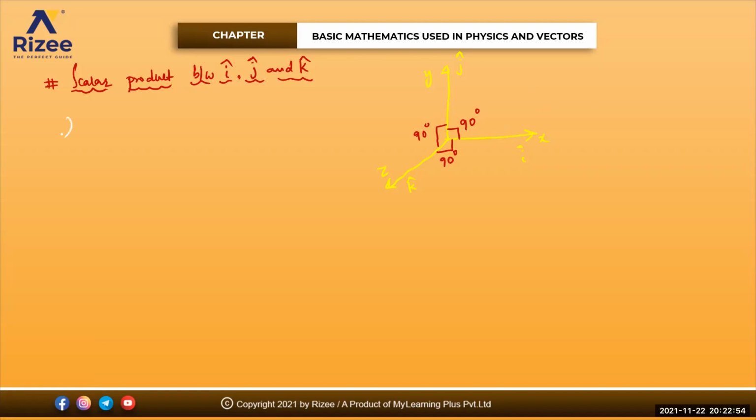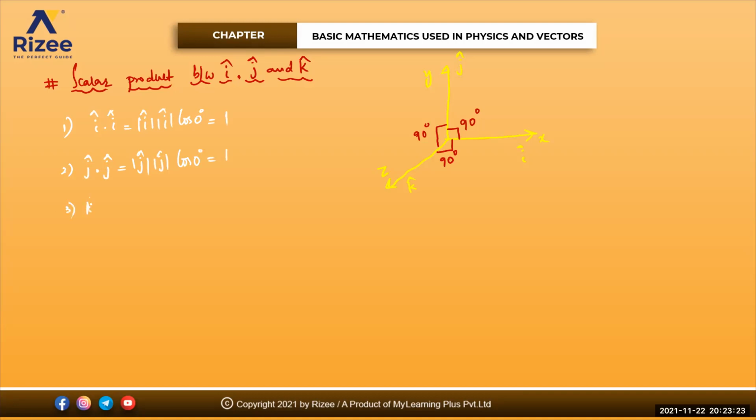See here. First one, if I am taking the angle between two similar vectors like I cap dot I cap, both of them are I and I. So this one is mod I into mod I into cos theta, where theta is 0 degrees. Cos 0 will be equal to 1. The same way, j cap dot j cap will be equal to mod of j, again mod of j, into cos 0, that is equal to 1.